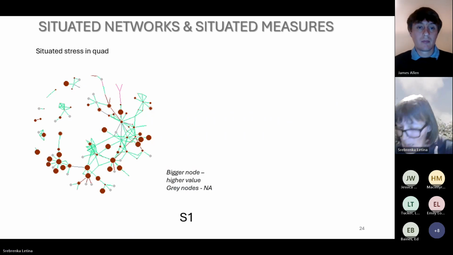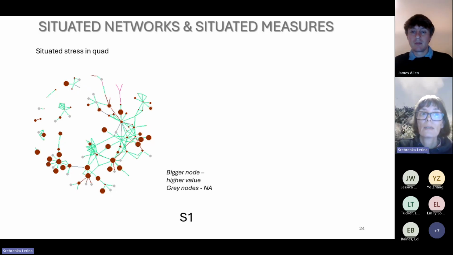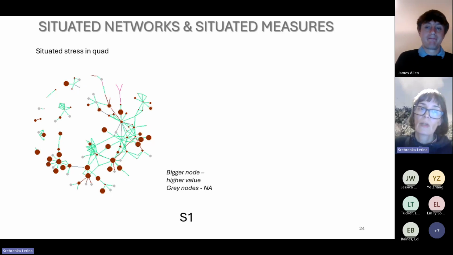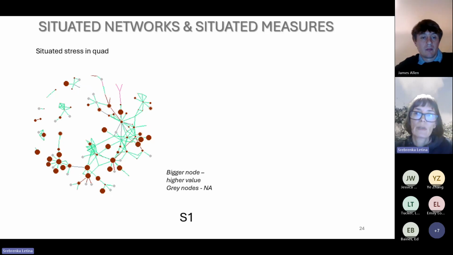And this is the final slide, which actually shows you the results, where you can see that we join the situated measures of stress and the situated network in the quad. And again, bigger node means higher value. Now you can go in and see, okay, maybe there is no relation between the unsituated stress and unsituated network position, or there is no social influence.